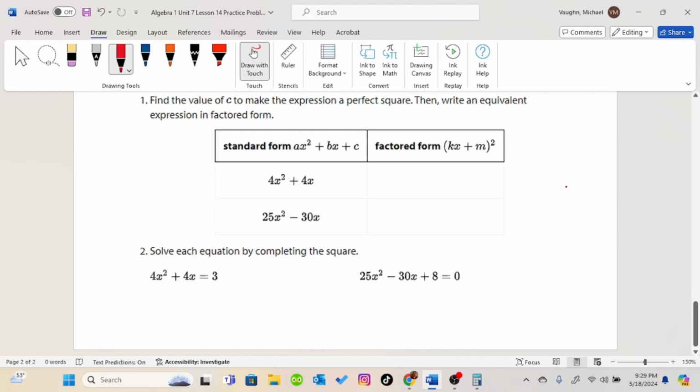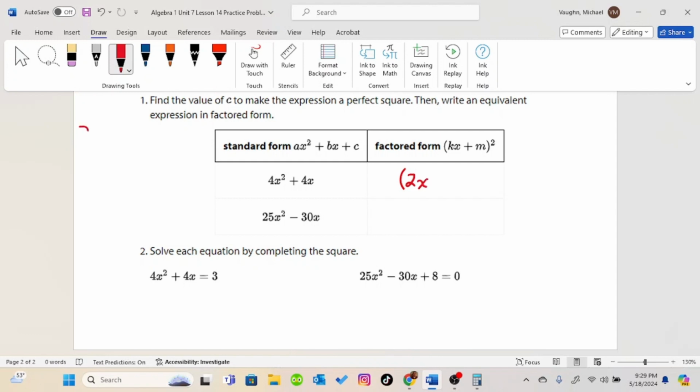Our last practice problem for lesson 14. Number 1, find the value of c to make the expression a perfect square, then write an equivalent expression in factored form. This is exactly what we did in the previous practice problem. So I know that the square root of 4x squared is going to be 2x.